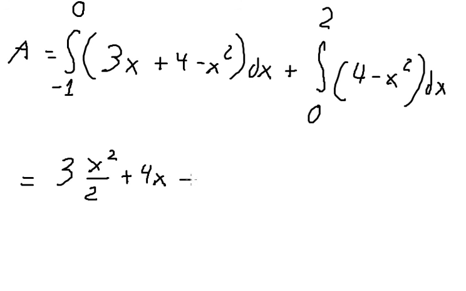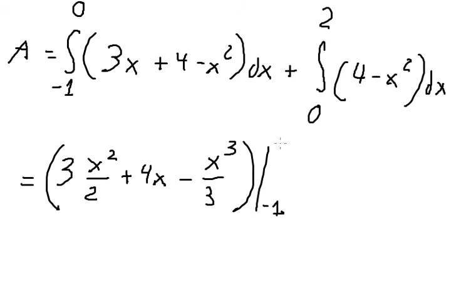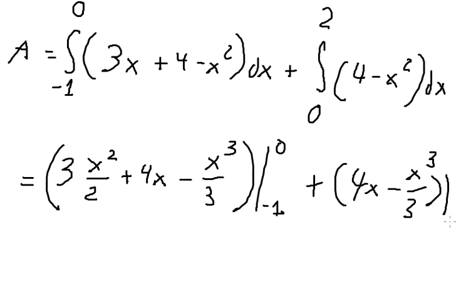The next one is x to the power of 3 over 3. So for the next one, we have 4x minus x to the power of 3 over 3, and we put the bounds from 0 to 2.